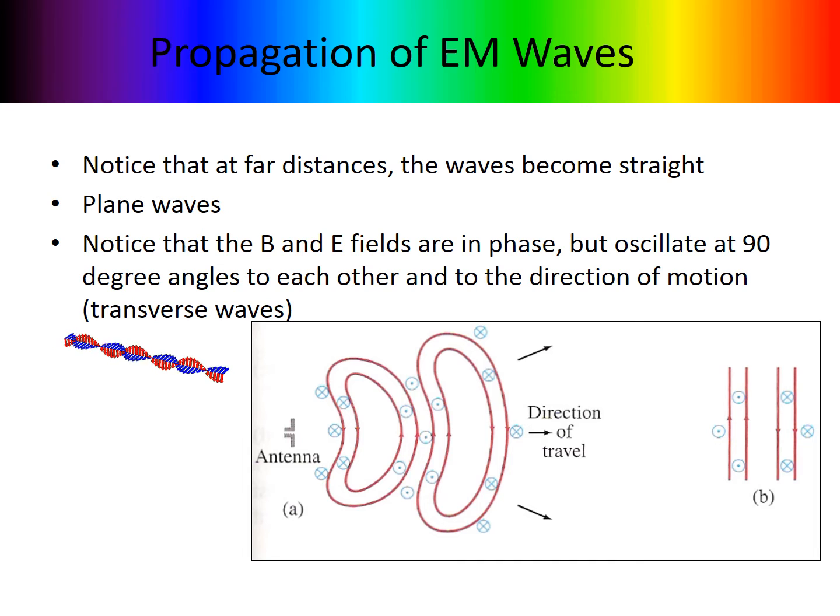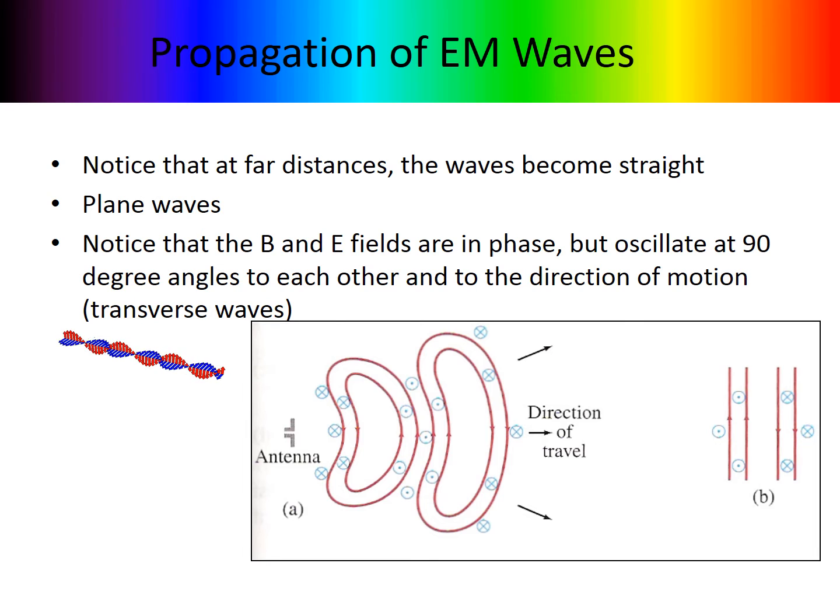So on the right-hand side, this is far field radiation, or far away from the antenna, what the energy looks like. And what it looks like is an electric field pointing up and down vertically, and a magnetic field coming into or out of the page, as shown. So they're at 90-degree angles to each other, and they're at 90-degree angles to the direction of travel.